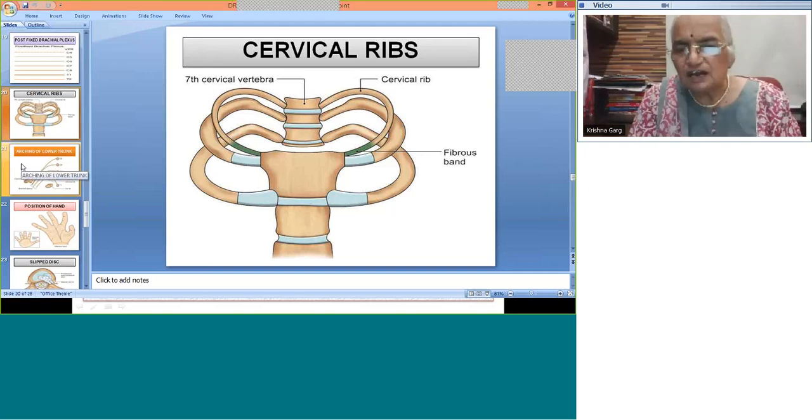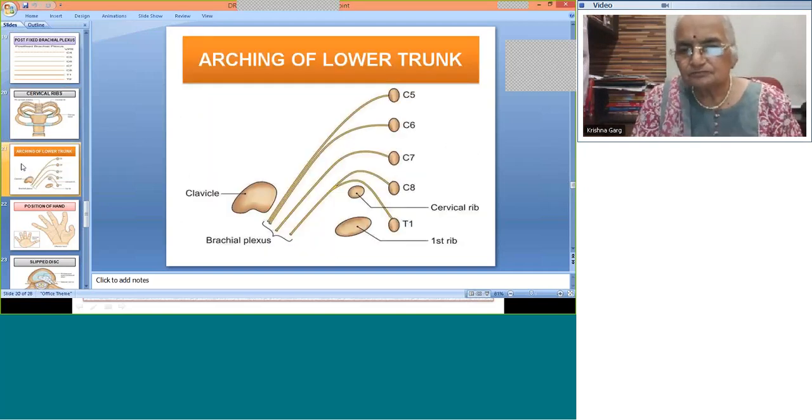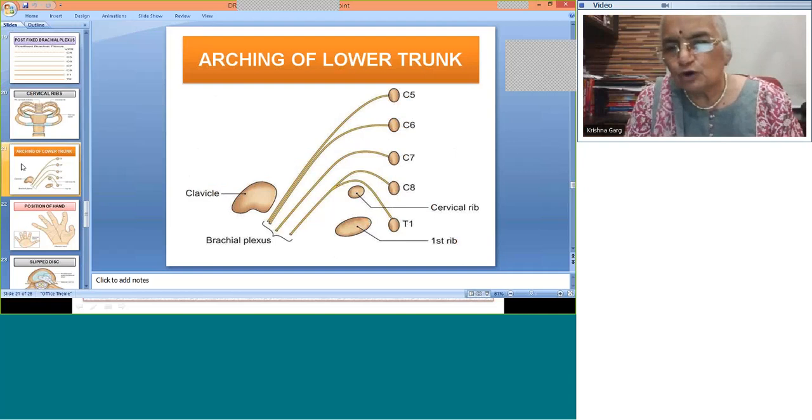So in this case, there is arching of the lower trunk of the brachial plexus formed by C8 and T1 segments, and this arching may stretch the lower trunk of the brachial plexus. Even the subclavian artery may be involved, so that there may be nervous symptoms and there may be vascular symptoms.